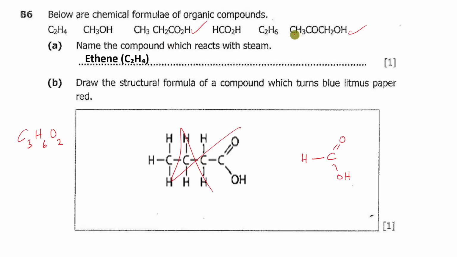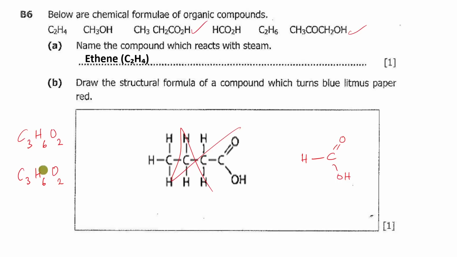Then we'll come also to this guy, carbon, 1, 2, 3. So say C3. Then we go to hydrogen, how many? Here 3, 4, 5, 6. So 6. Then oxygen, how many? 1, 2. So O2. So you have seen these, it means this one and this one, they're isomers.